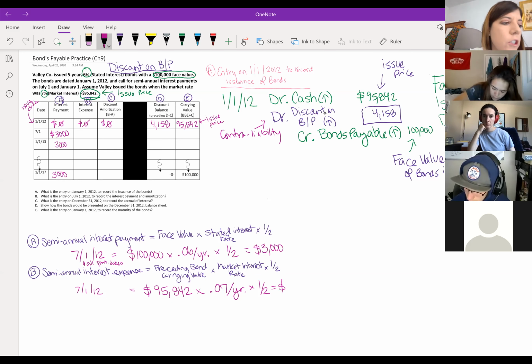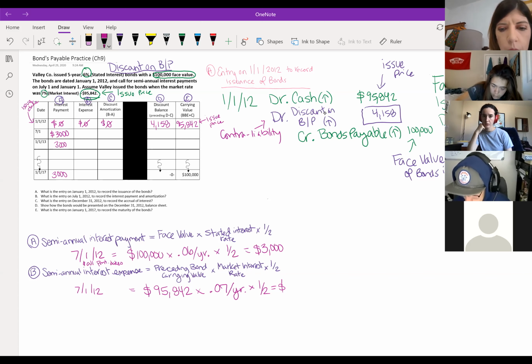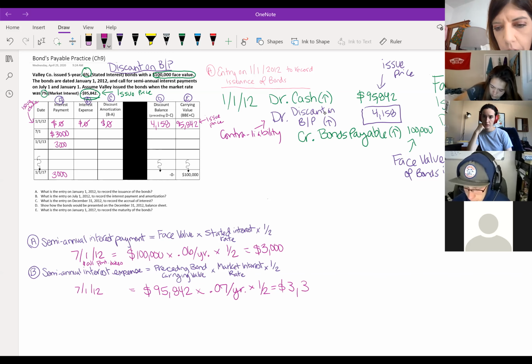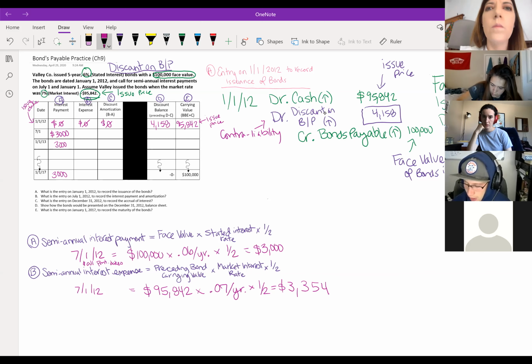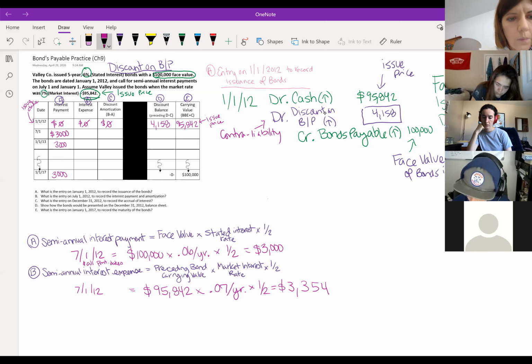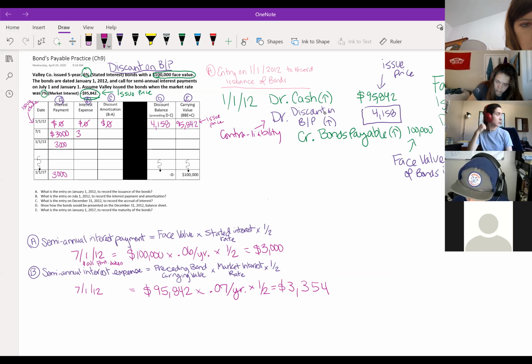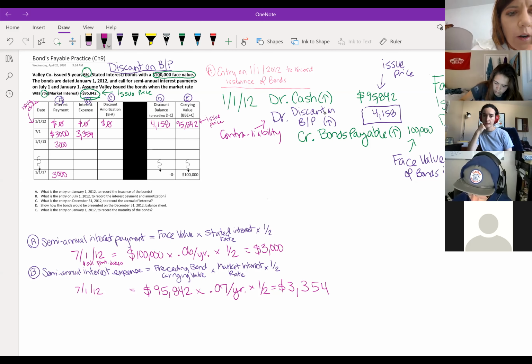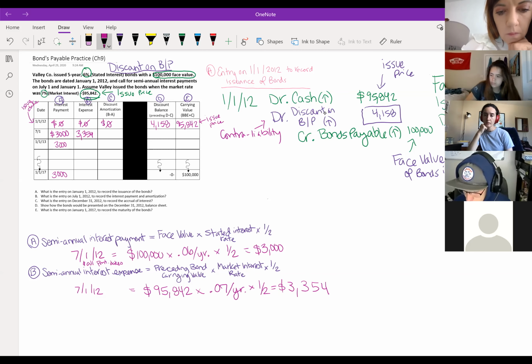On July 1st, 2012, what is the amount of interest expense that we're going to record? 3,354. Correct. So do you see with the discounted bonds, we're expensing slightly more than we're paying out in interest?